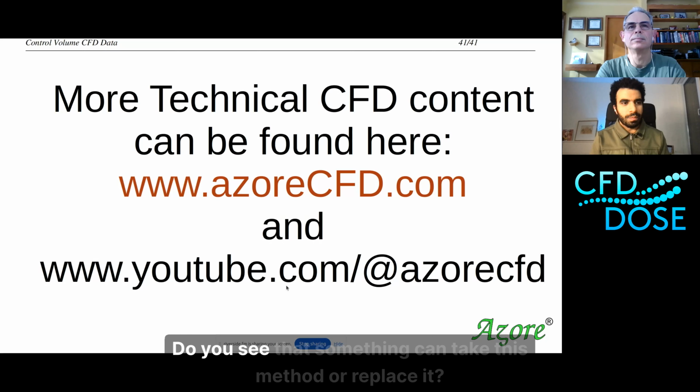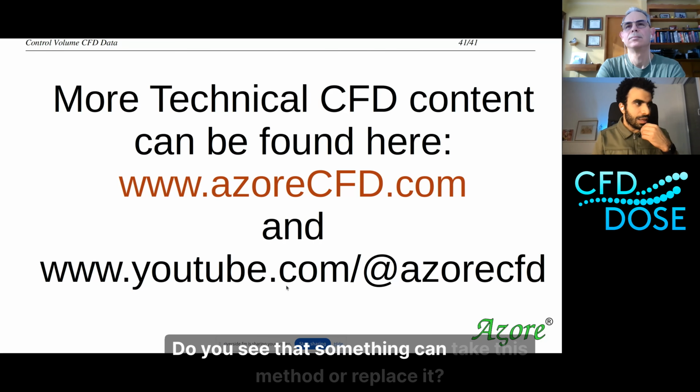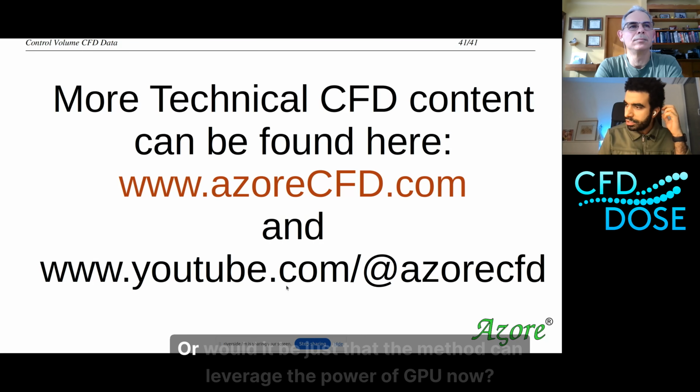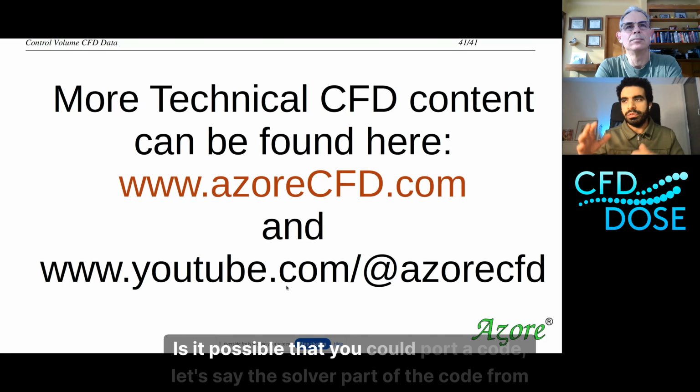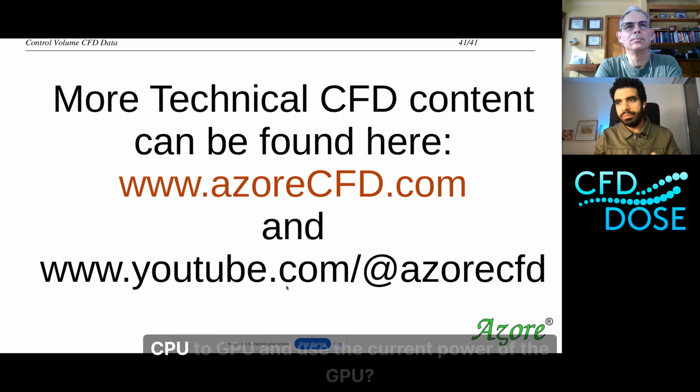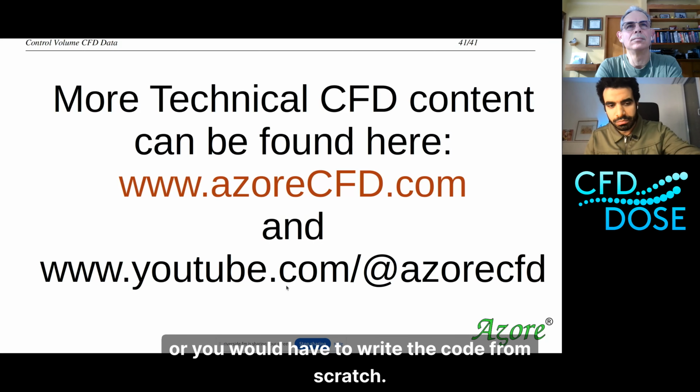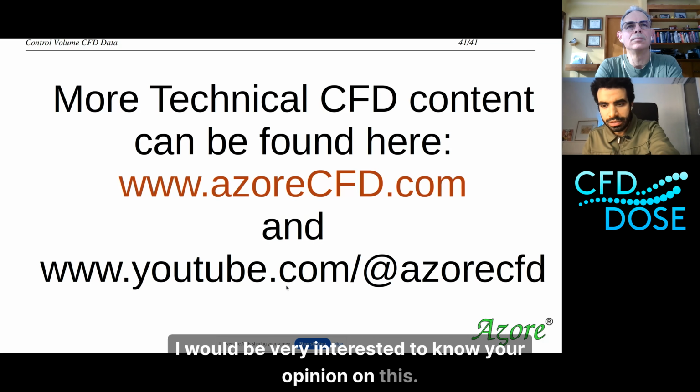Do you see something that can take this method or replace it, or would it be that the method can leverage the power of GPUs? Is it possible that you could port a code, let's say the solver part of the code, from CPU to GPU and use the current power of the GPU, or would you have to write the code from scratch? I would be very interested to know your opinion on this.